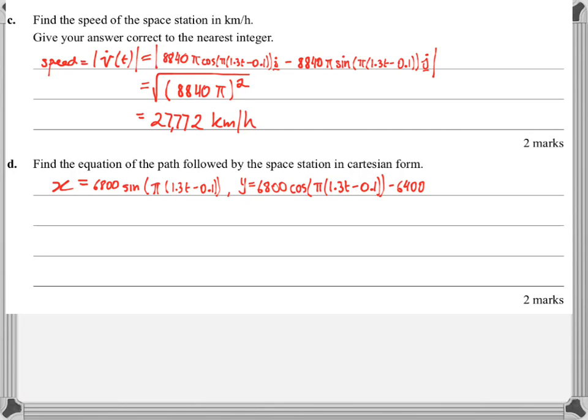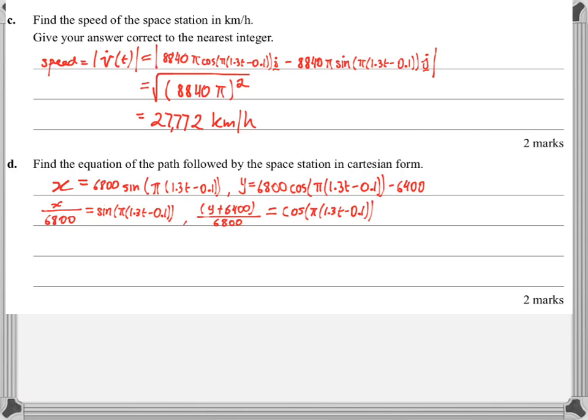We have to apply these two in a similar way, making use of sine and cos. And there's a good thing involving sine and cos. It's called a trig identity. So there's an expression for sine, x on 6,800, and we rearrange and determine an expression for cos.